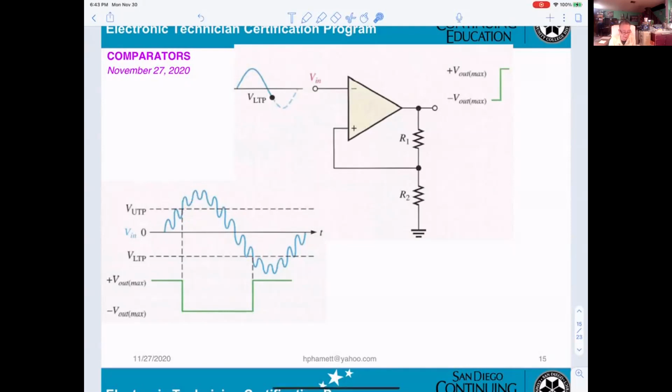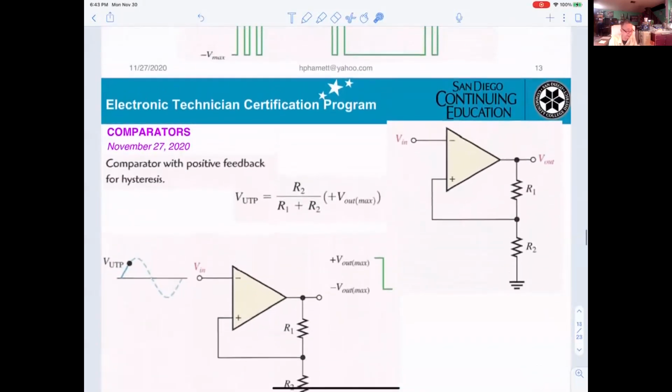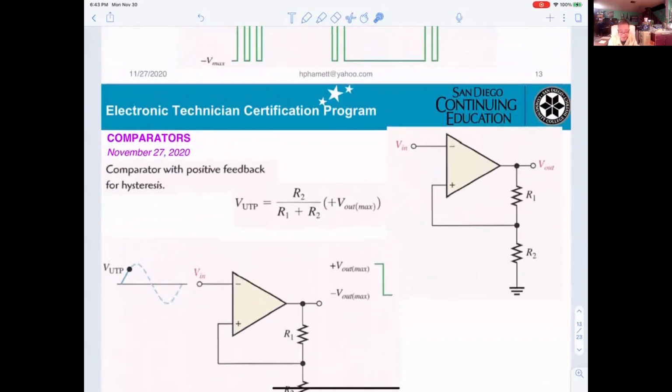For this circuitry, we don't have to go into too many details. However, when you look at this circuit, you have to know that it is a comparator with hysteresis.